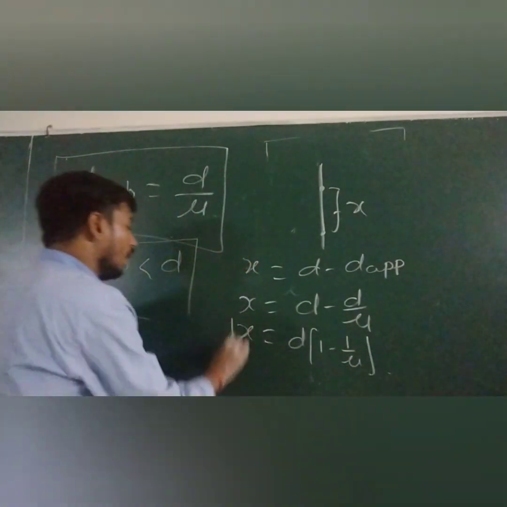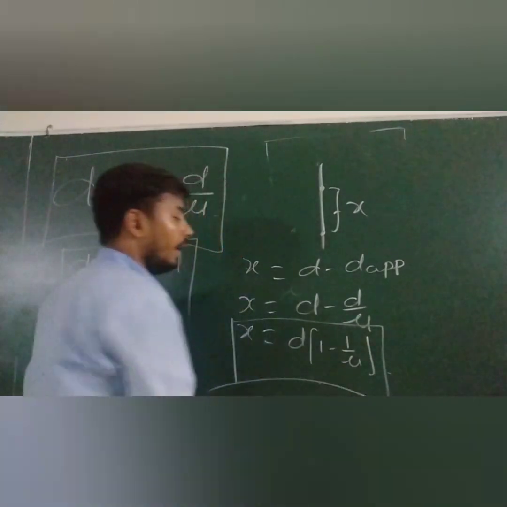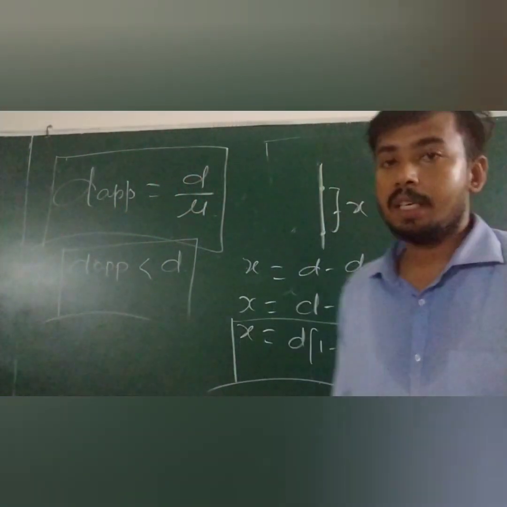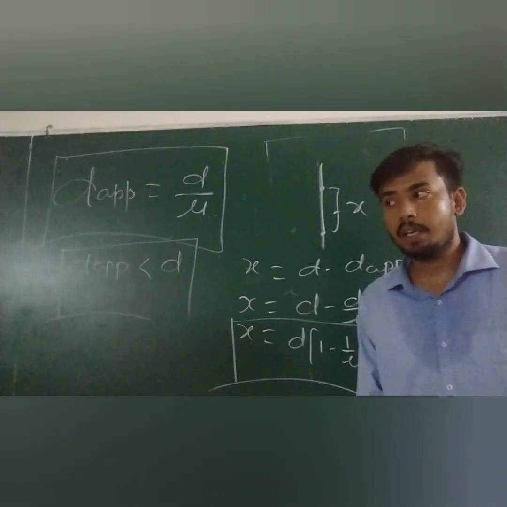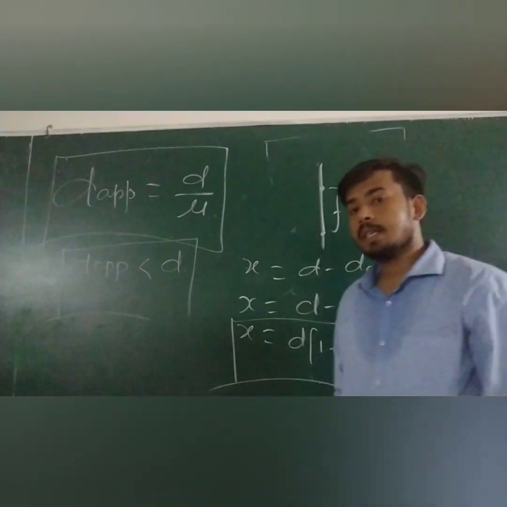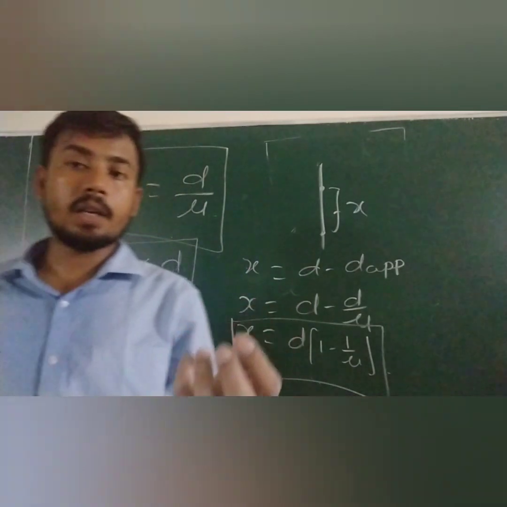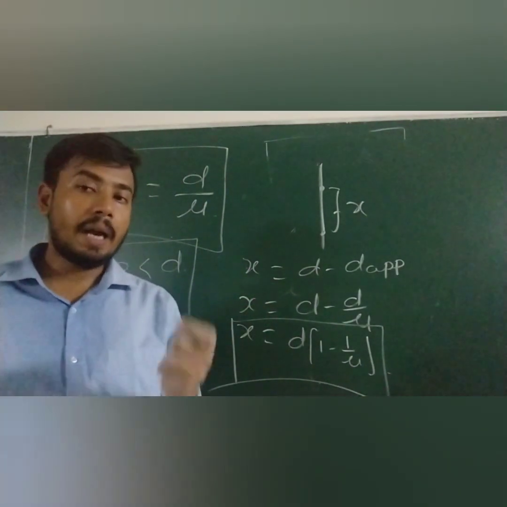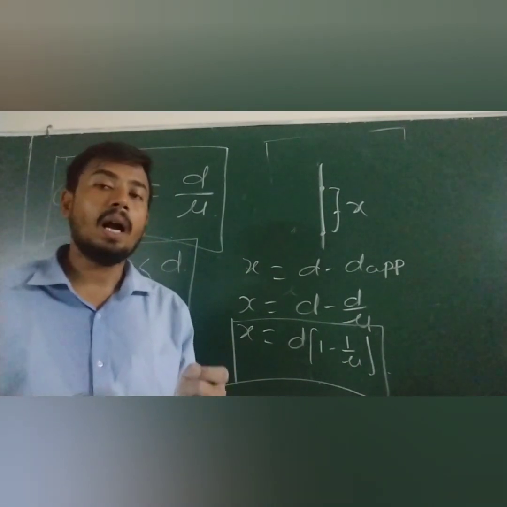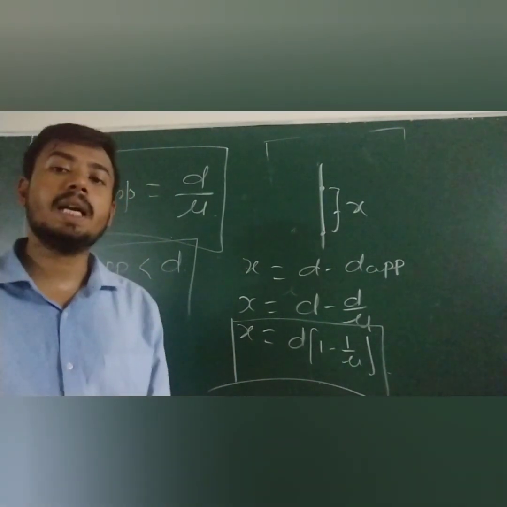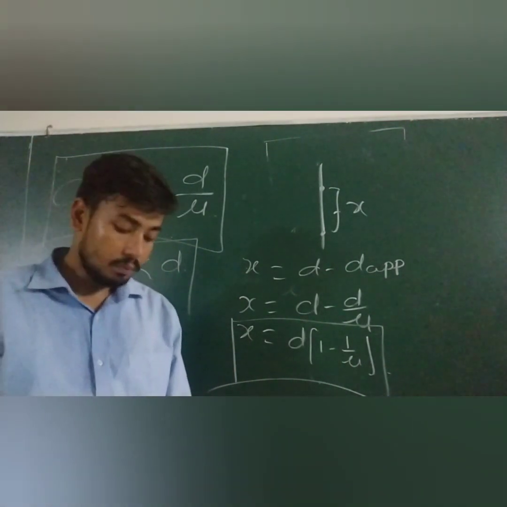This is the normal shifting when the object is in a denser medium and the observer is in a rarer medium. In the previous case, it was mu minus 1 into d, where the object was in a rarer medium and the observer was in a denser medium.